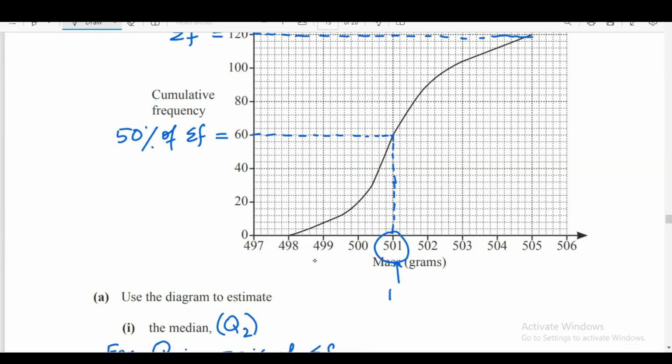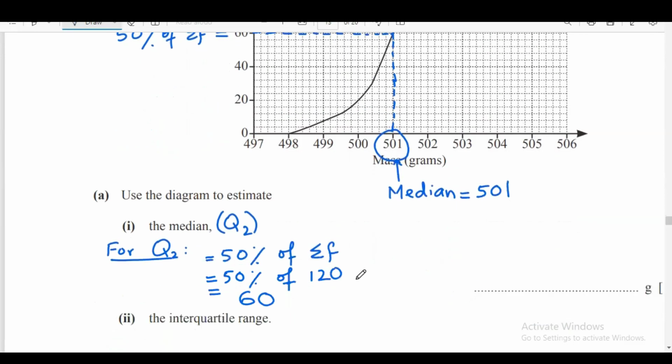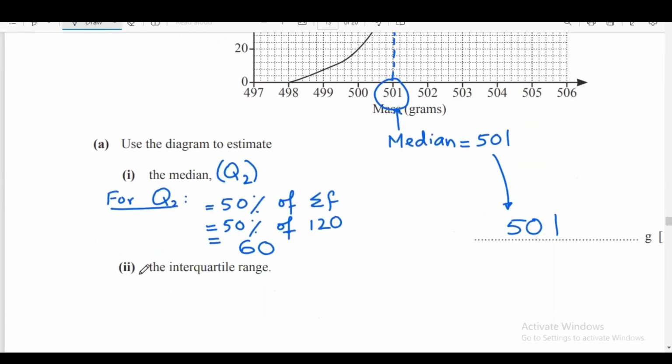So median equals 501. Write down the answer in the answer space. 501 is the median. 60 is not the median; 60 is for the median.